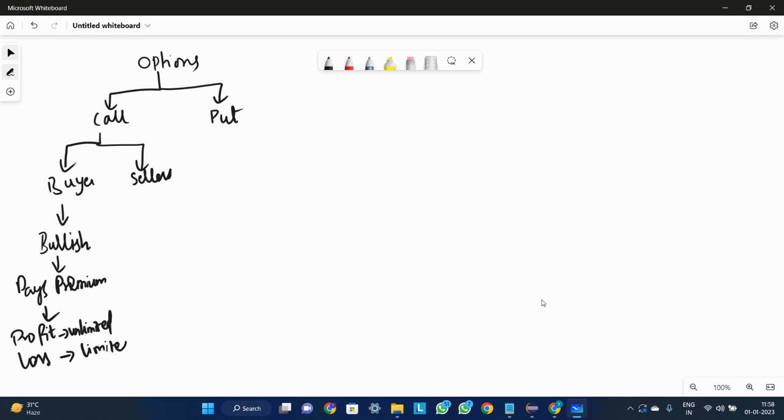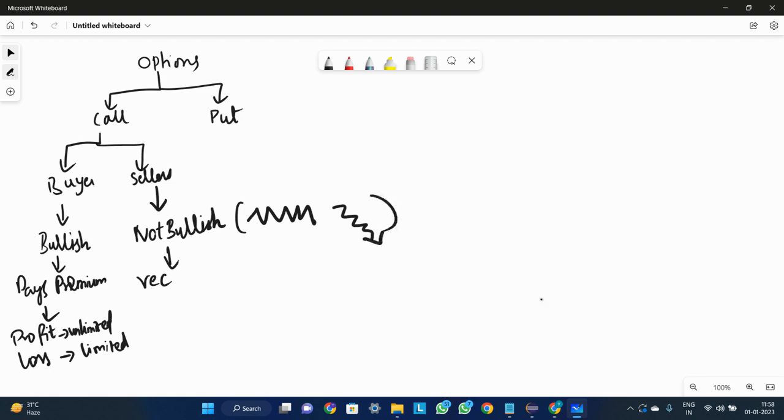Clear? Now, what about a call seller? A call seller is somebody who is not bullish. So he receives the premium. He believes that the market will trade sideways or it will go down, whereas a bullish call buyer believes that the market will only go up.